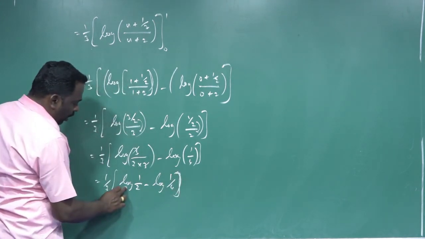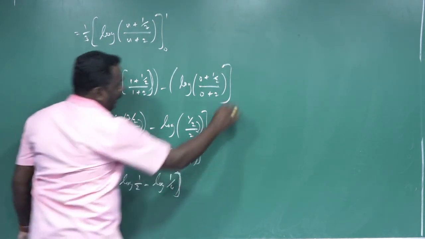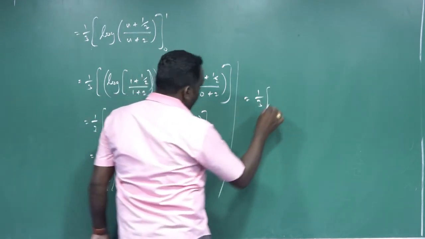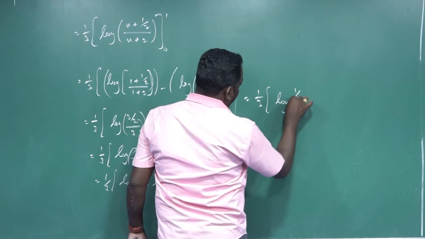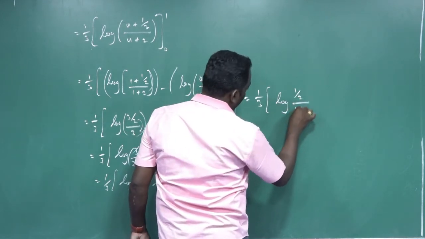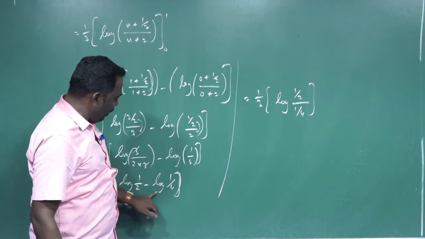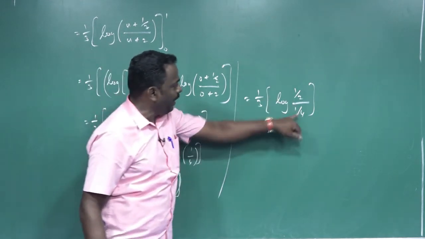Now applying the log m minus log n property, that is equal to, outside we have 1 by 3, log of (1 by 2 by 1 by 4). Log m minus log n equals log m by n.